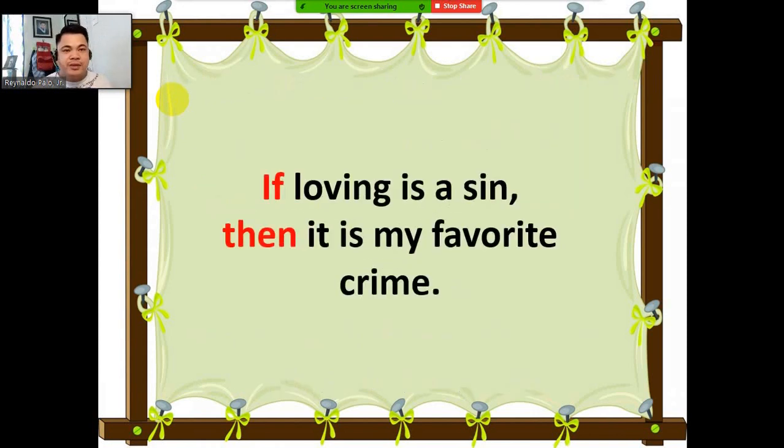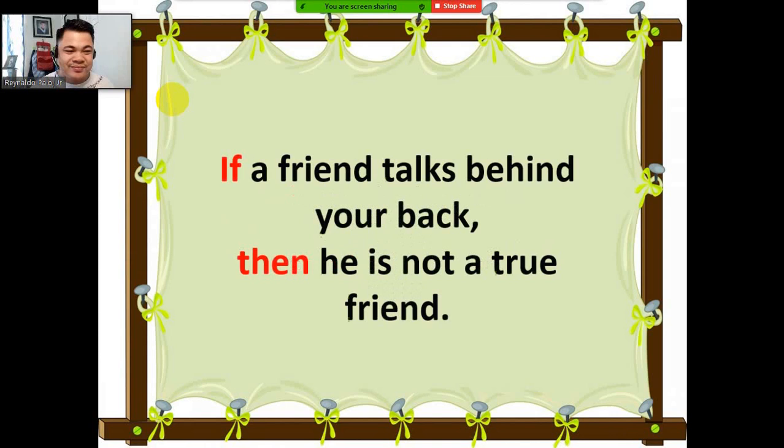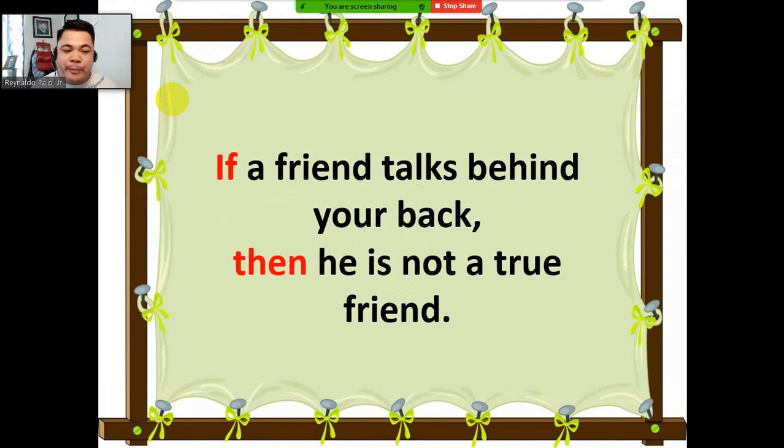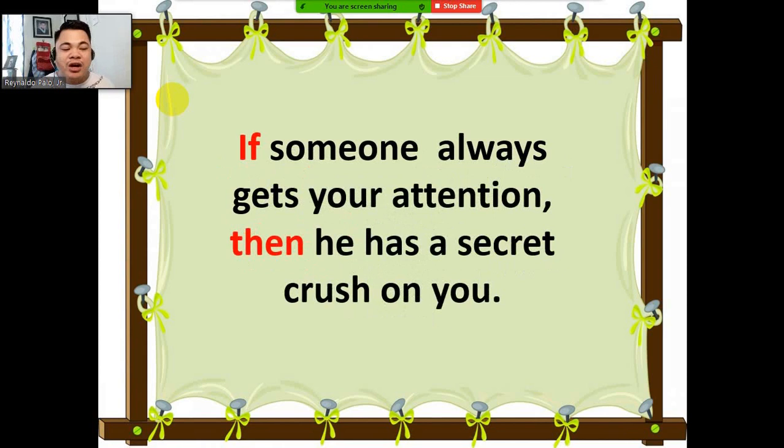Next, these are some of the examples. This might be the who got examples that I can give you. If loving is a sin, then it is my favorite crime. If a friend talks behind your back, then he is not a true friend. If someone always gets your attention, then he has a secret crush on you. Maybe this is not true for all.